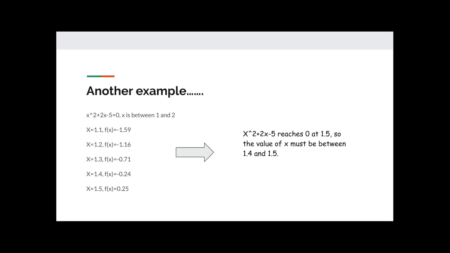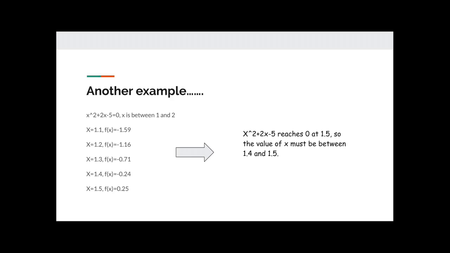X is equal to 1.3, f(x) is negative 0.71. X is 1.4, f(x) equals negative 0.24. And when x is 1.5, f(x) equals 0.25, which is positive.